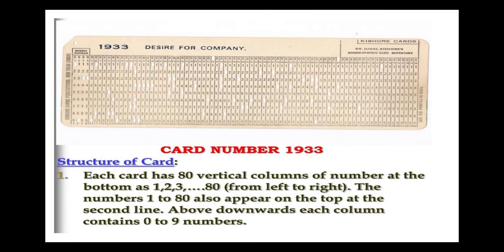From above downwards, each column contains numbers 0 to 9, and after adding the total rubrics in sequence, a single hole through which light transmits from one side to the other is the most simillimum medicine.